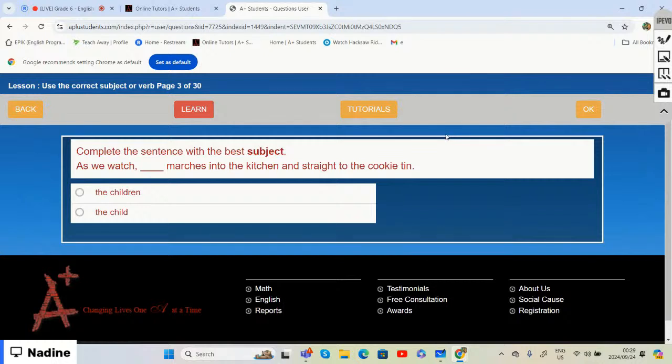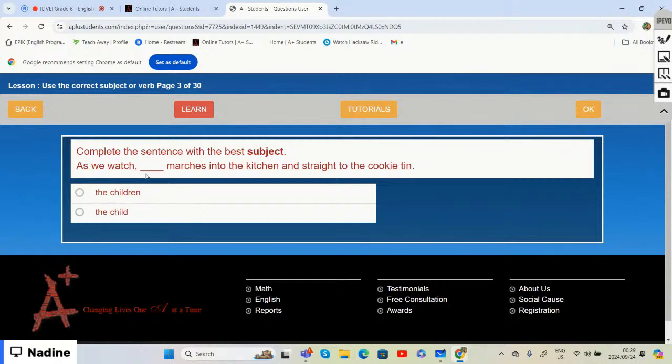All right, the next one says, as we watch, we refers to more than one person. As we watch, do we say the children or the child?